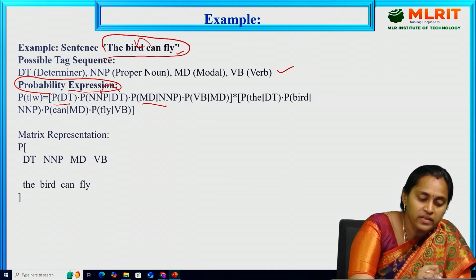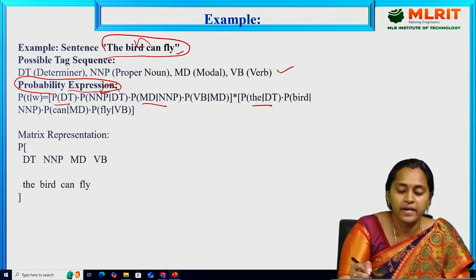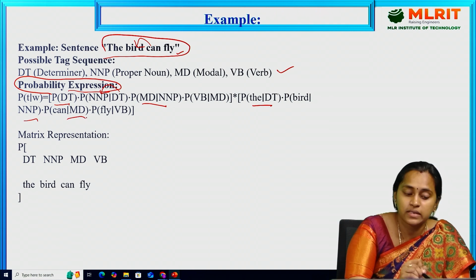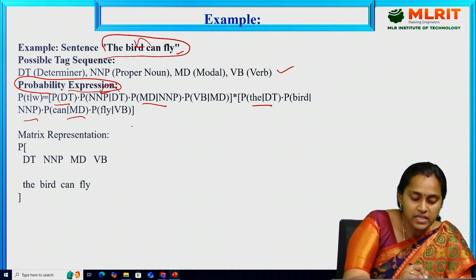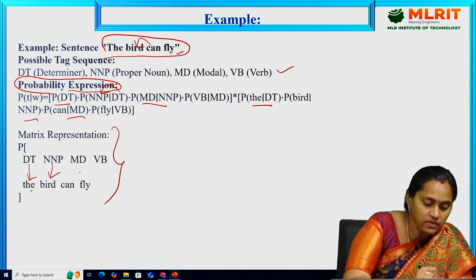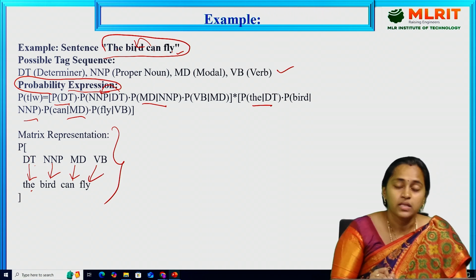Determiner followed by the noun. Here into probability of the determiner, probability of word, noun. This is how the sentence looks, right? After considering the matrix, probability of DT, noun and modal verb. Here DT is "the", noun is the word "bird", modal is "can" and verb is "fly". This is how I am giving it, right?